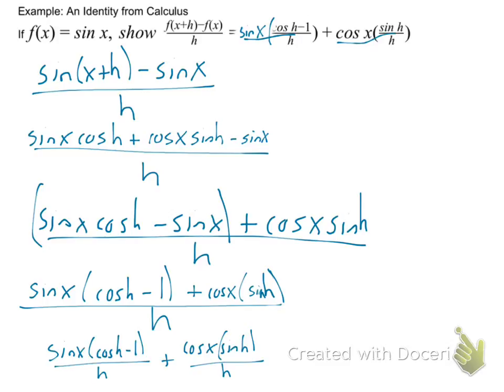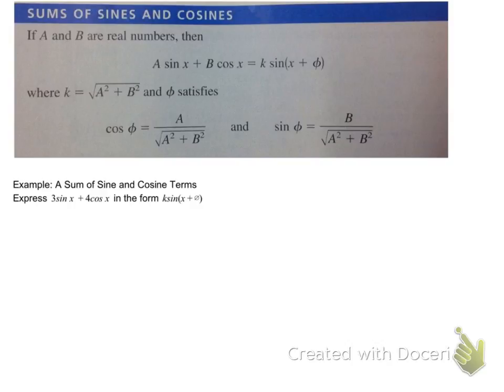What they did was say, isn't that the same as if I moved cosine and sine out front? And now you have what we have above. So again, this is going to help us take a sum of a sine and a cosine and create a sine equation, or just one trig function.